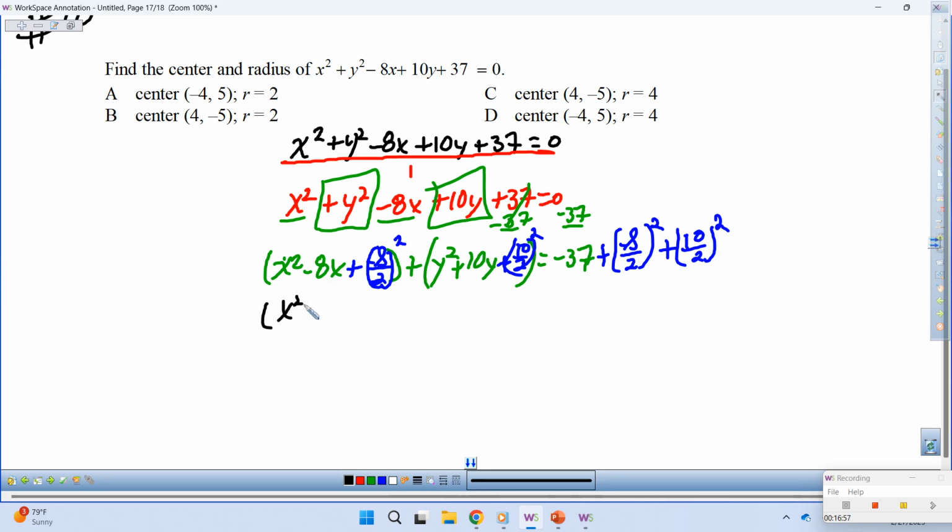We got x² - 8x plus, negative 8 divided by 2 is negative 4, negative 4 squared is 16. y² + 10y, 10 divided by 2 is 5, 5 squared is 25. Equals negative 37 plus 16 plus 25.